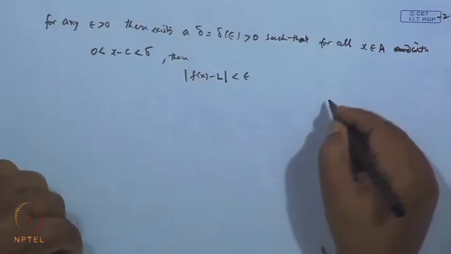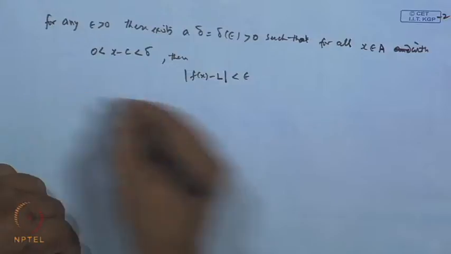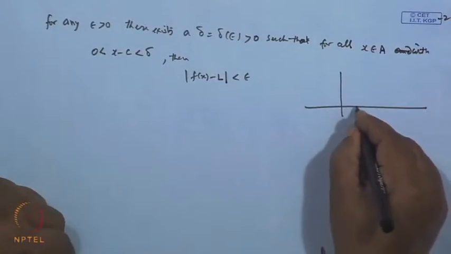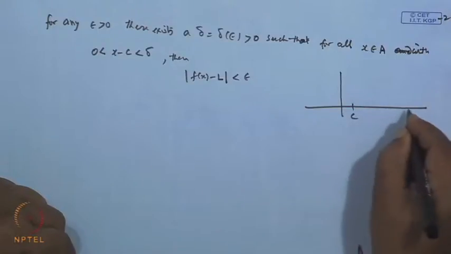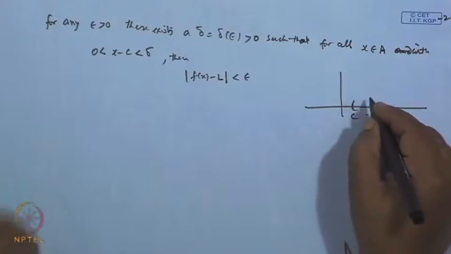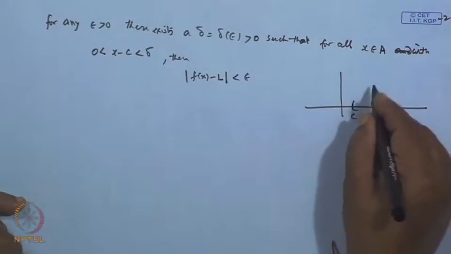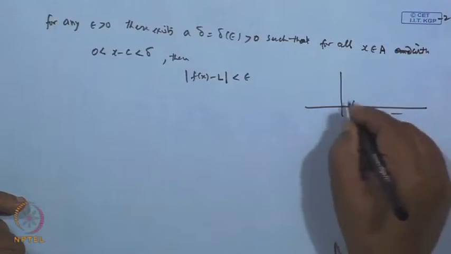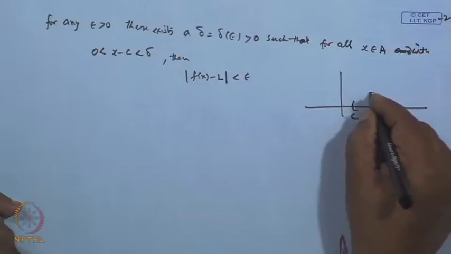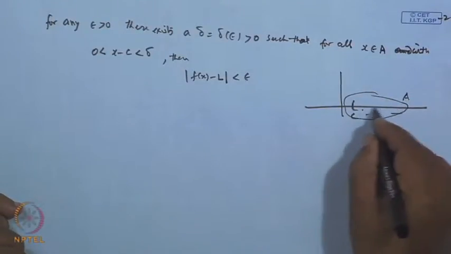So, here this is our interval (c, infinity), c is this point and then infinity here. A is some set, say somewhere here, then A intersection (c, infinity) will be this set.